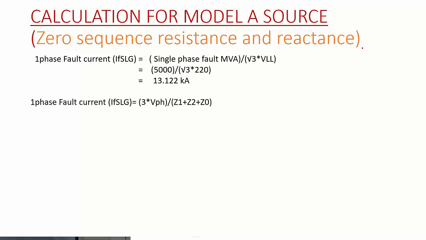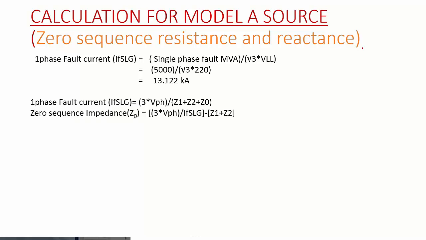So also we know that single phase fault current can be computed from 3 times V phase divided by the sum of positive sequence, negative sequence and zero sequence impedance. Our objective here is to calculate zero sequence impedance.